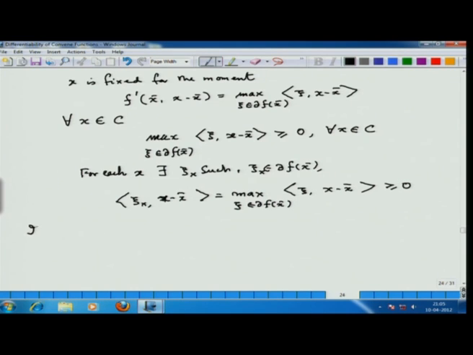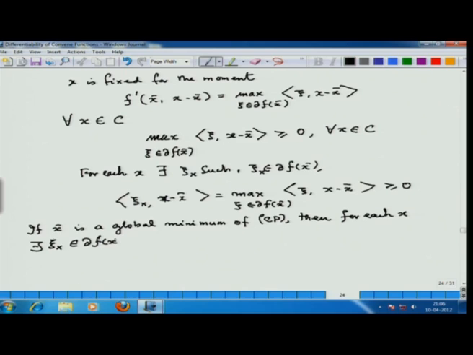So, what I have proved is that if x bar is a global minimum of CP, then for each x there exists xi x such that xi x times (x minus x bar) is greater than or equal to 0.